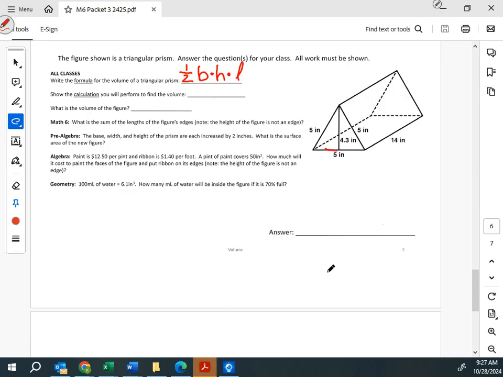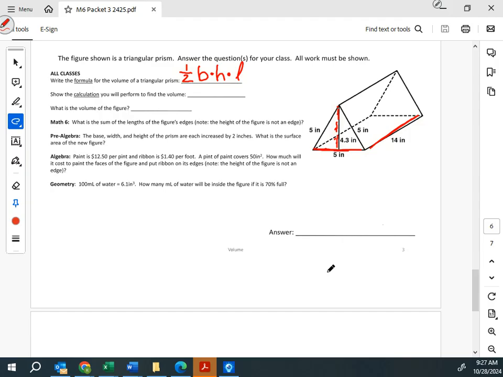So we've got the base, our length, and our height going up. And we need to divide it by 2. Because a triangle is half of a rectangle, the triangular prism is half of a rectangular prism. So we divide it by 2.